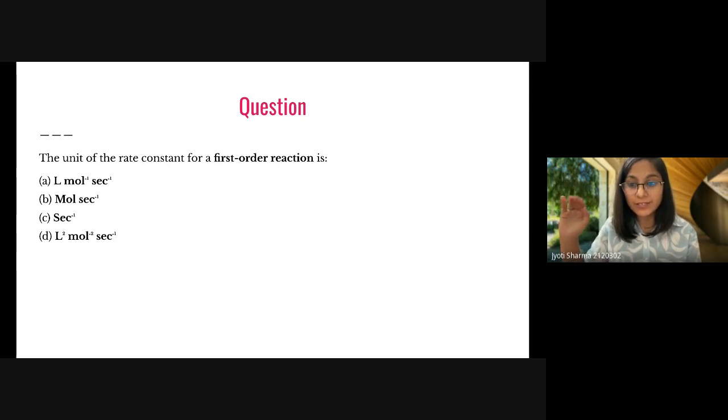We know rate is equal to molarity upon time. So molarity upon time is equal to K multiplied by molarity. So K is equal to per second. In the first order reaction, the rate constant unit will be per second.